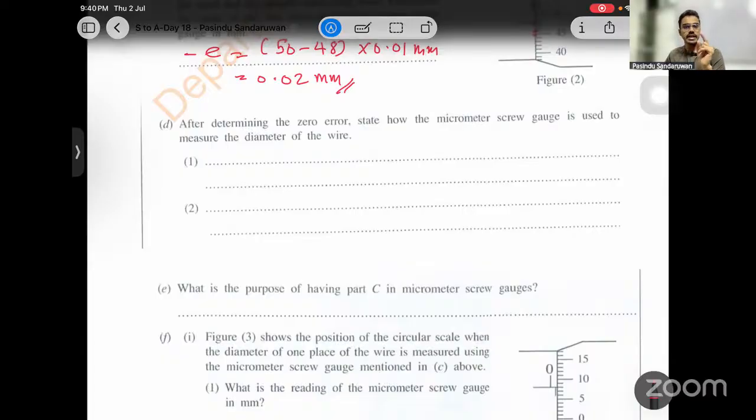Since we are taking the diameter of a wire, I have to take a minimum of two readings in two perpendicular directions. Two parts are asked, so mention both accordingly.